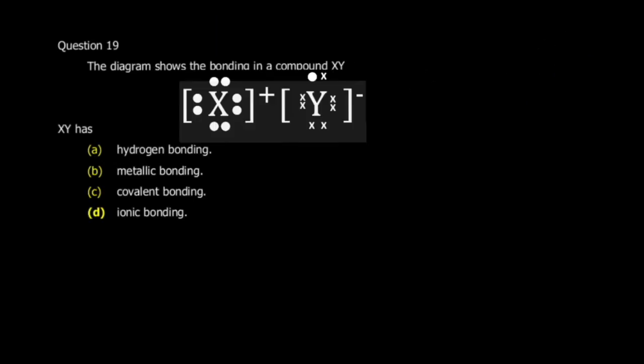Next part says the diagram shows the bonding in a compound XY, and you're asked to identify the bonding. Here there is transfer of electrons. These solid spheres belong to element X, and these to element Y. The element that has lost electrons is usually a metal, because metals aren't good at keeping their electrons; their electronegativities are very low.